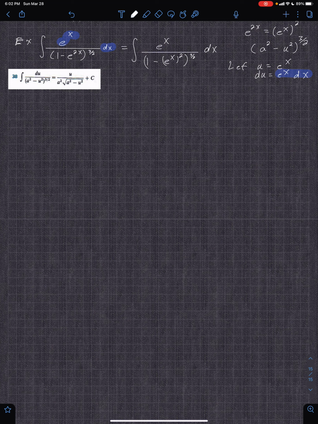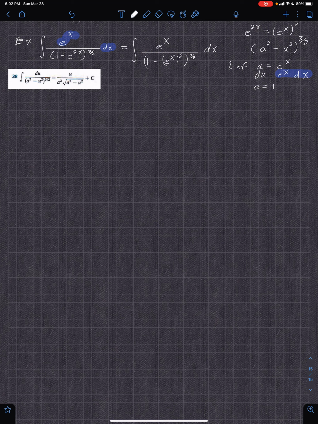And so let's look at this form exactly. So my du is this, okay? Here's my a, which is 1. That's easy, right? You don't even have to write that down. A squared is 1, so A is 1.